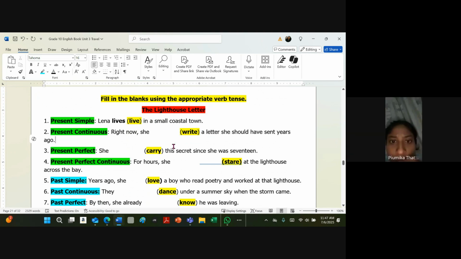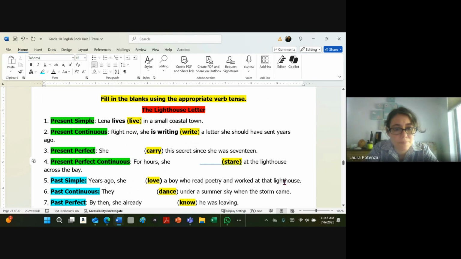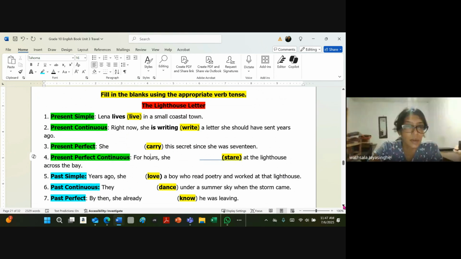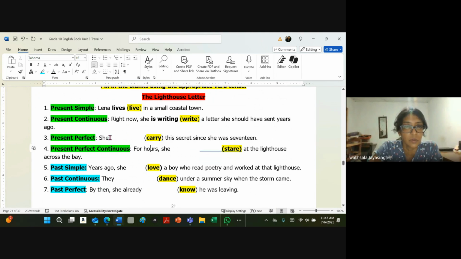Right now, she is writing a letter she should have sent years ago. Yes. And then Watsala? She has carried secrets since she was 17. And then Pumi?